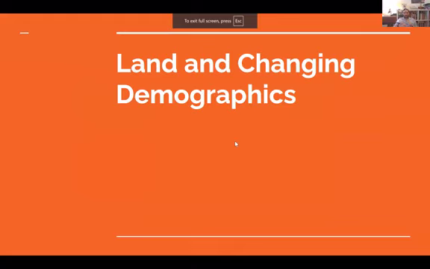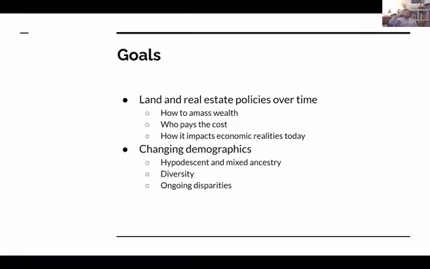This is going to be the third part of our political economy unit, and it's going to work in some aspects of the civil rights discussion. But we're talking land and changing demographics today. Things that are going to be covered include land and real estate policies over time, their relationships to wealth and economy, generational wealth, and economic disparities, and then changing demographics.